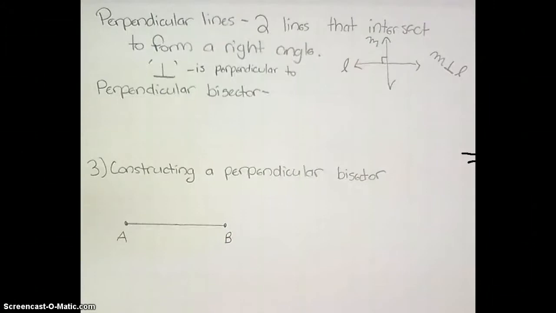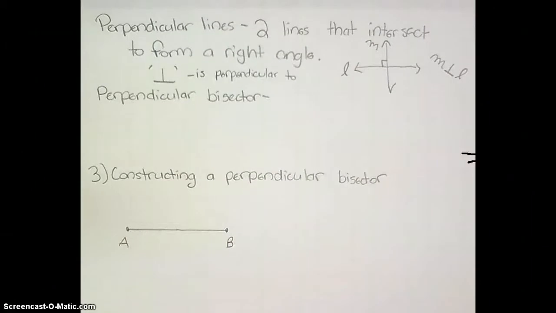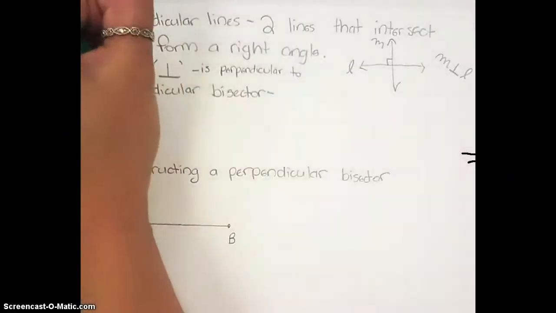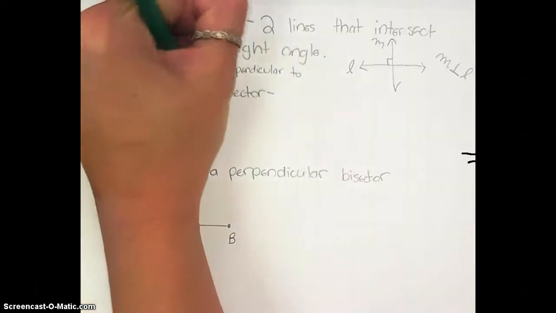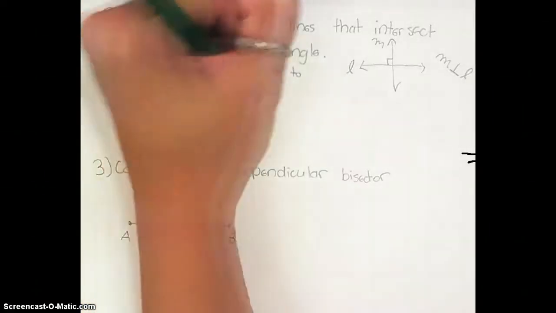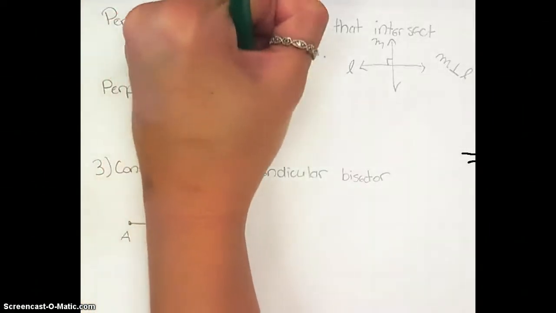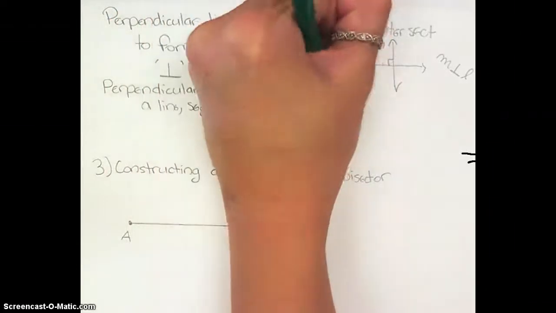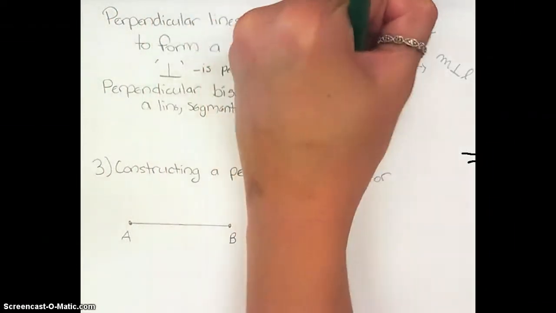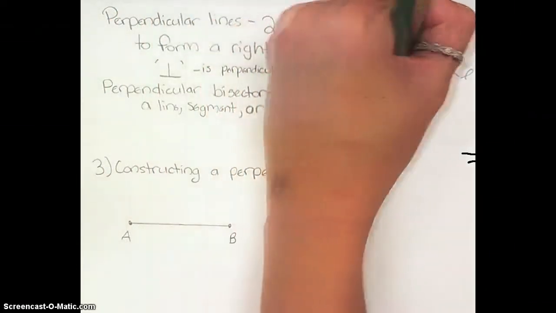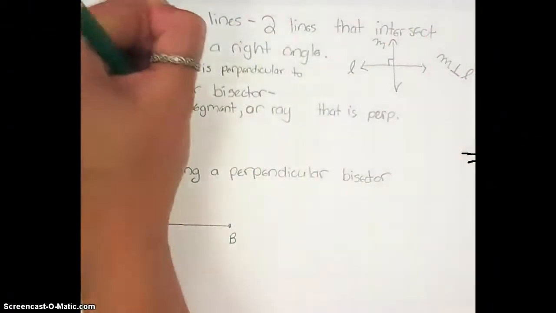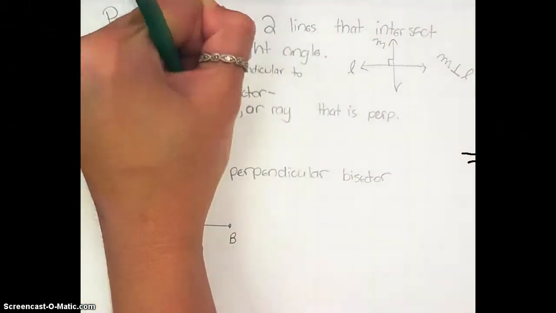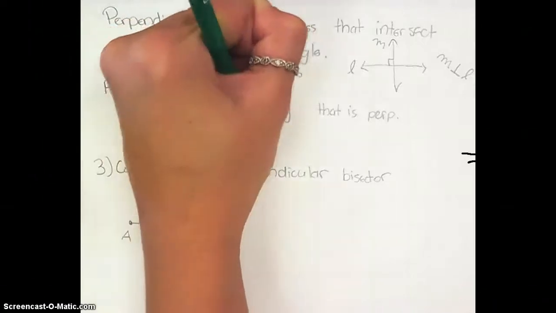Okay, so let's define now a perpendicular bisector. A perpendicular bisector is simply a line, segment, or ray that is perpendicular to a segment at its midpoint.